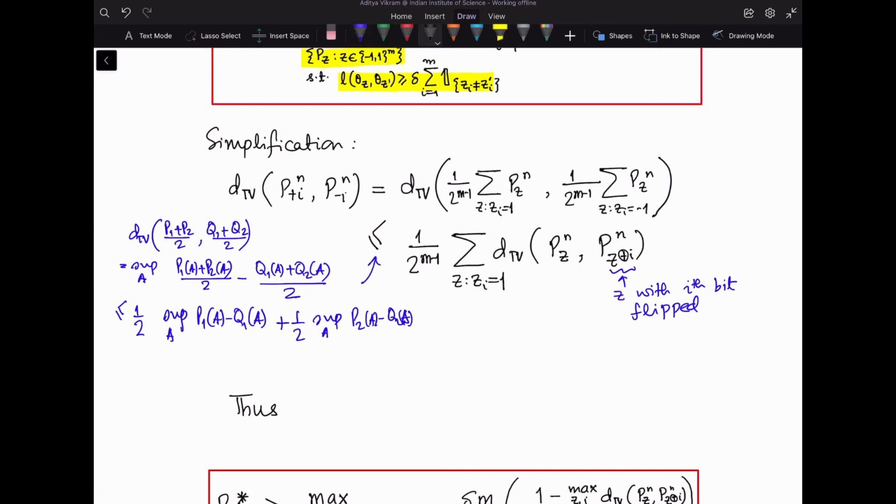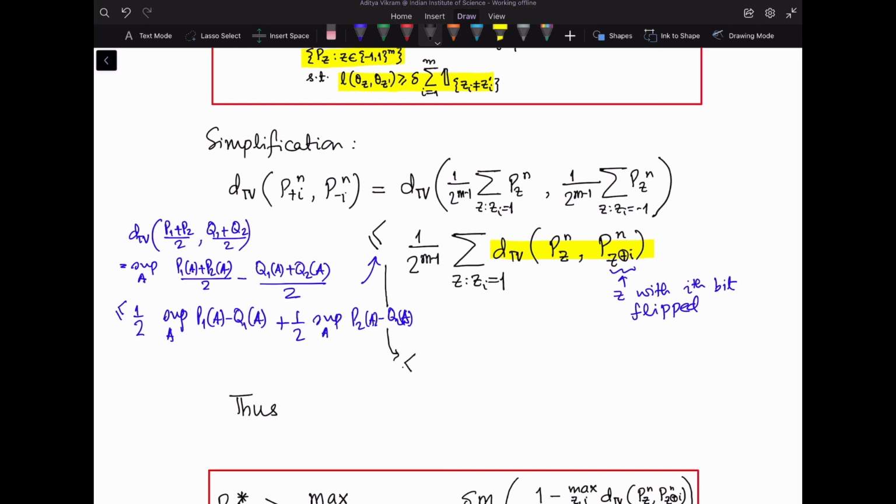Okay, and now you can just replace it by the maximum possible, just like we did for KL divergence in Fano's inequality, right? So I will just continue here.